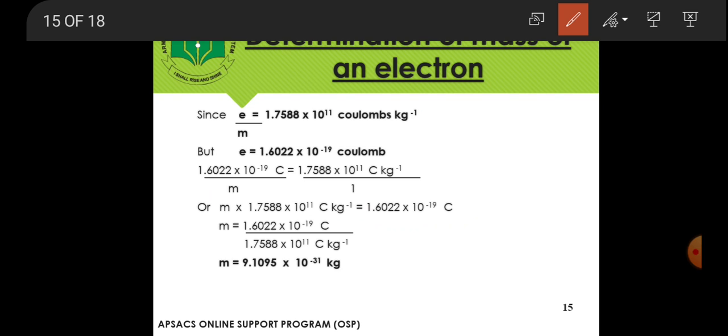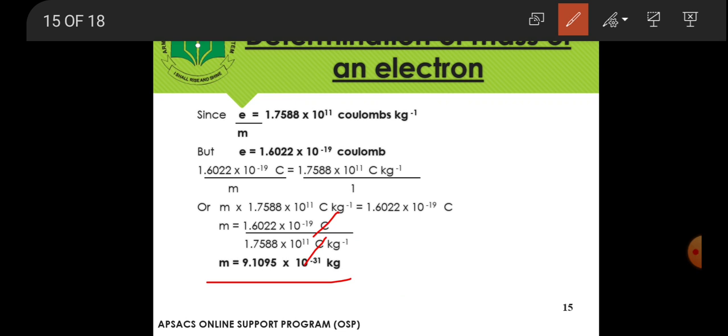So in this equation, the value of 1.7588 × 10^11 coulomb per kg is multiplied by m. When we move this value towards the right side, then it will come in the denominator. So in this way we will calculate the mass of electron.